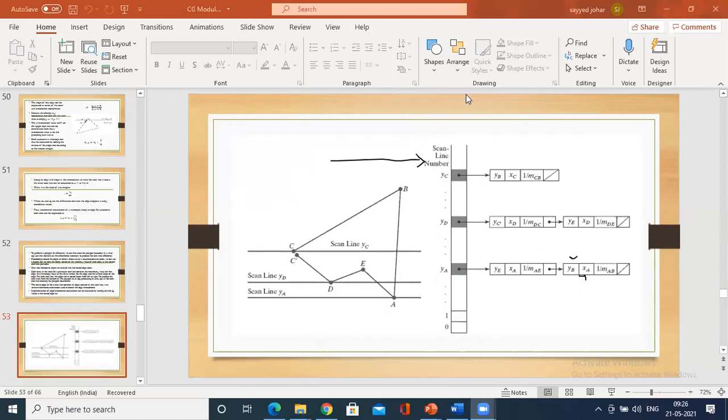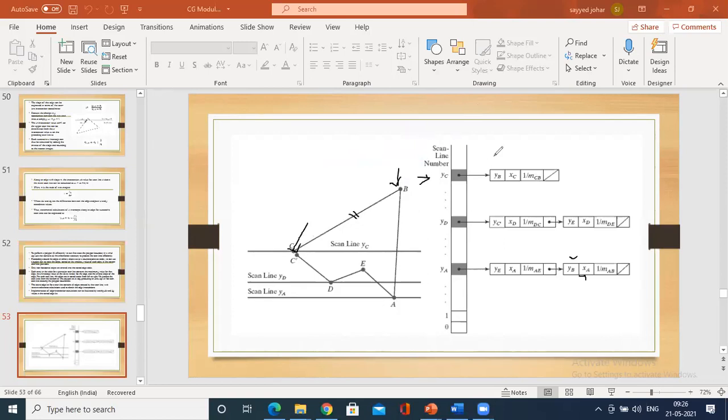Similarly, you should be able to analyze this for the other edges. If I ask you to analyze C, the scan line at C is called YC. At YC we have only one edge. At this particular edge, what is the maximum y value?